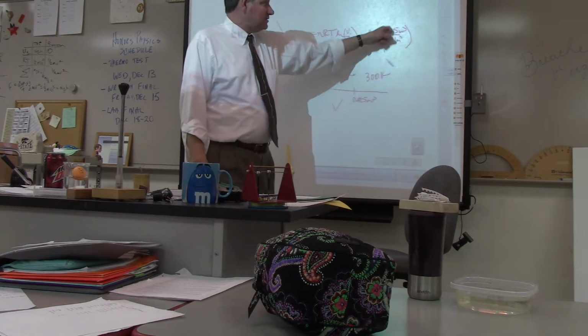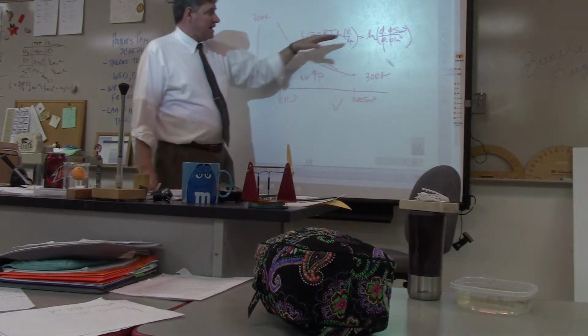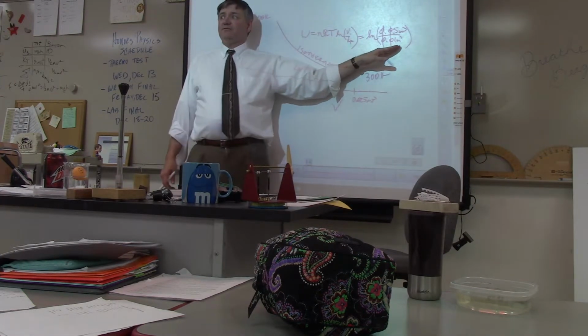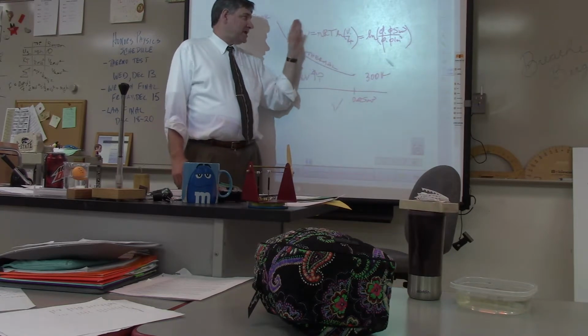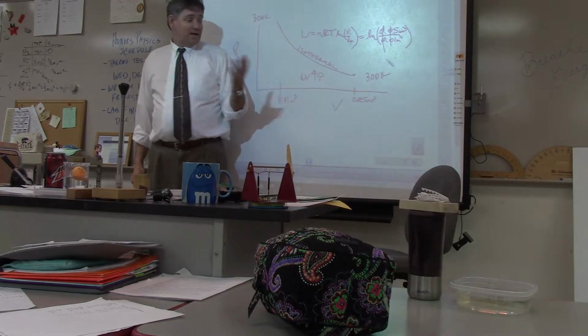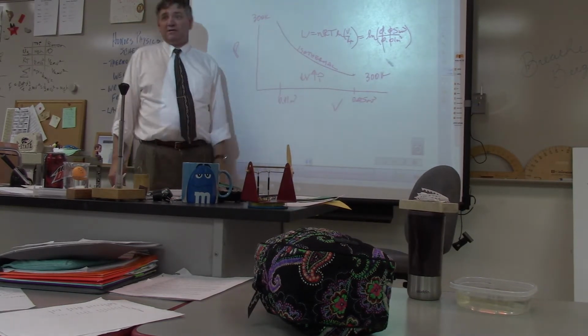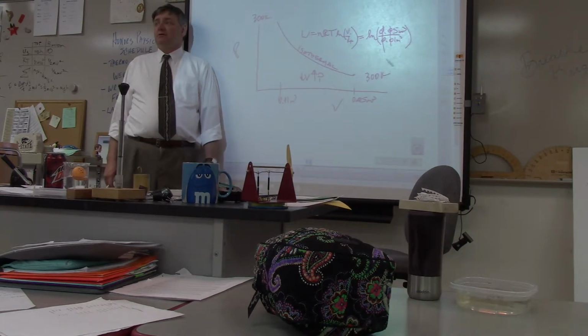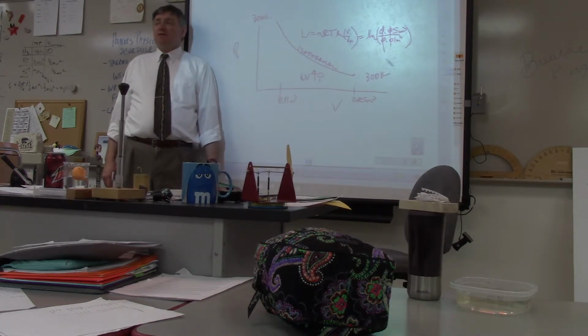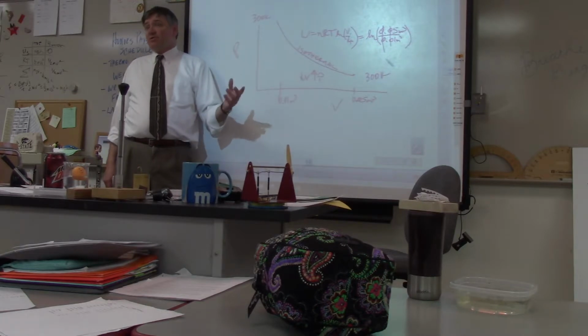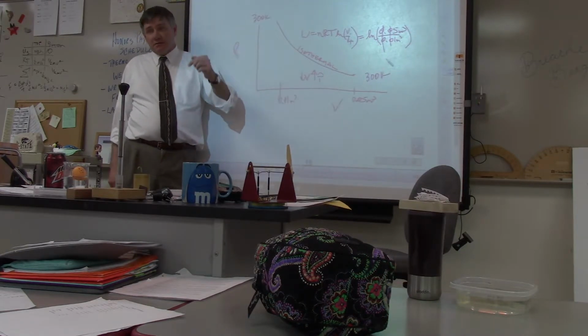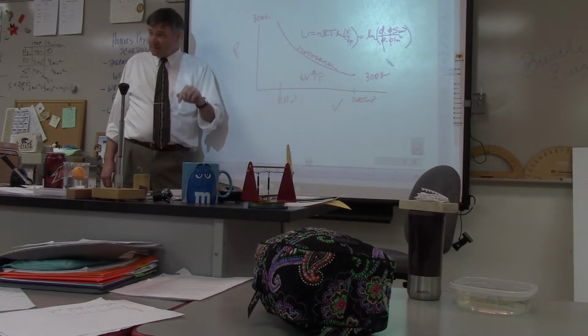So as soon as I see that my initial volume is bigger than my final volume, I know that I'm going to have positive work. So why do I have positive work being done? The volume is getting smaller, which means work is being done on the system.